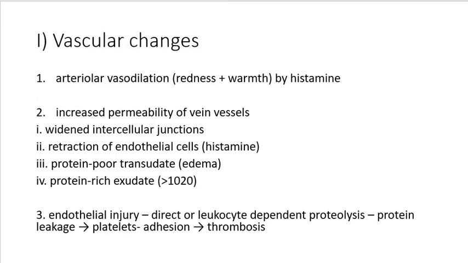Under vascular changes, initially you will have arteriolar vasodilation, because of which you will see the redness and feel some warmth, and this is because of the histamine release. Then there will be an increased permeability of the veins, and here you will find widened intercellular junctions, retraction of the endothelial cells, which is also because of the histamine, protein-poor transudate, which will cause the edema, protein-rich exudate if it's more than 1020.